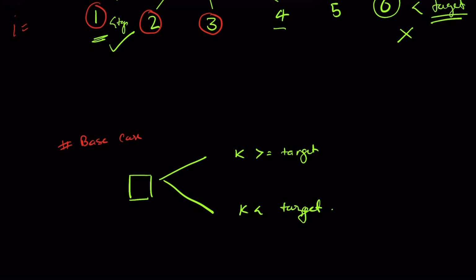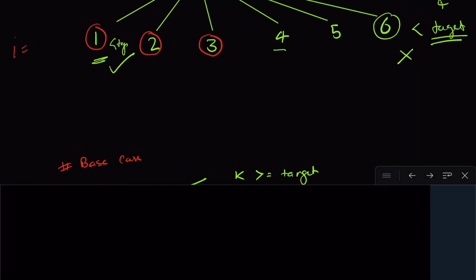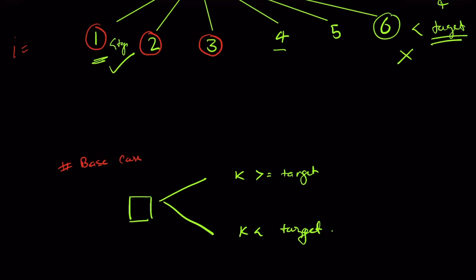Let's say k is the number of faces, the maximum number we can get from one roll. If k is greater than or equal to target, then we can get a solution here, and the number of solutions is 1.